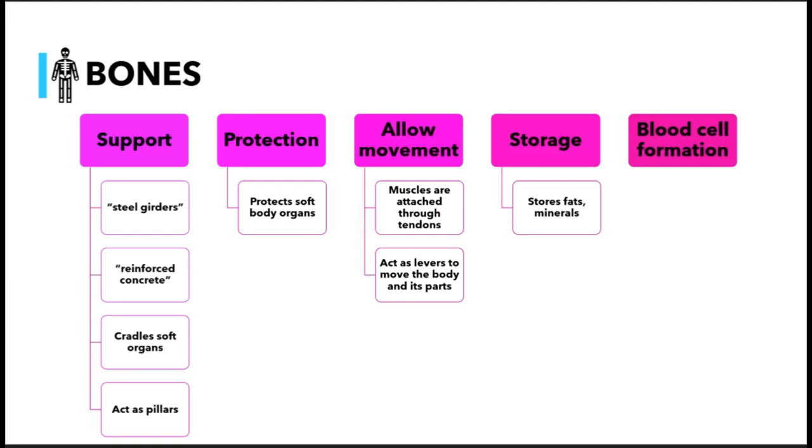Next is that it has the ability to store substances. For example, fats are stored in the internal cavities of the bones, known as marrow.